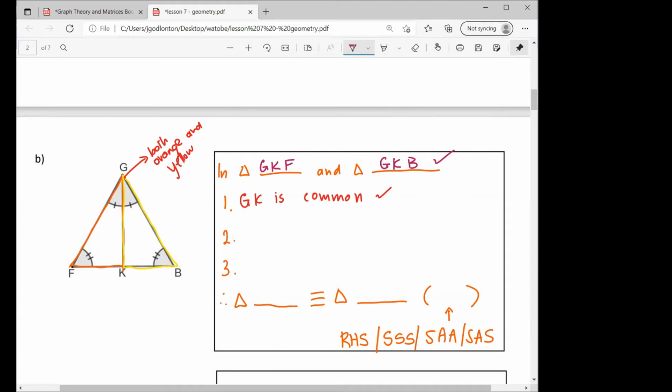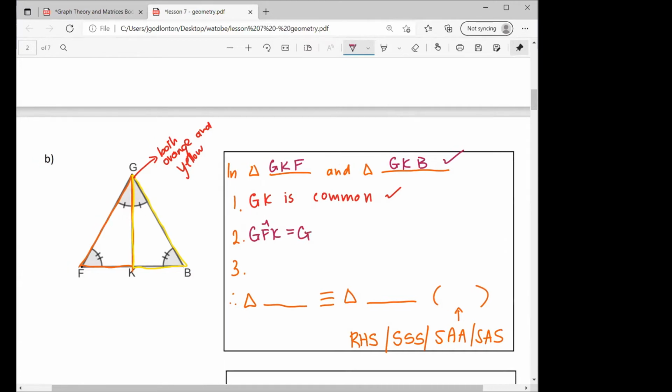Ma'am, is it angle GFK is equal to angle GPK? Yes, good. Okay, and the reason we know that is because that angle has 2 lines and that angle has 2 lines. So it's telling me that those 2 are the same as each other. And that has been given to me.